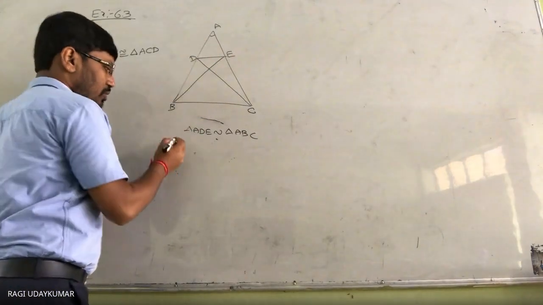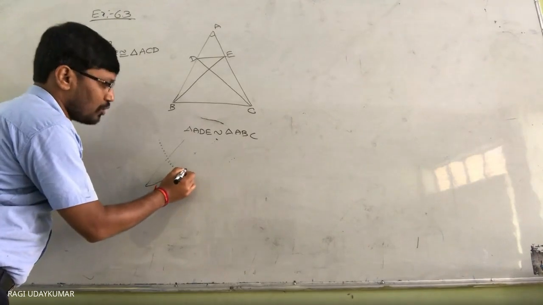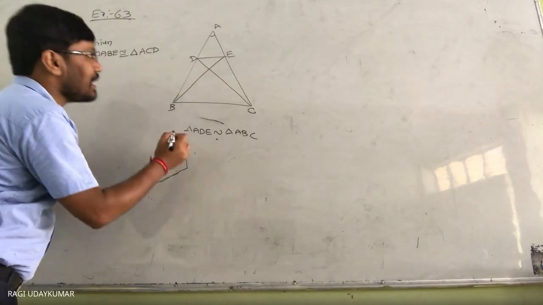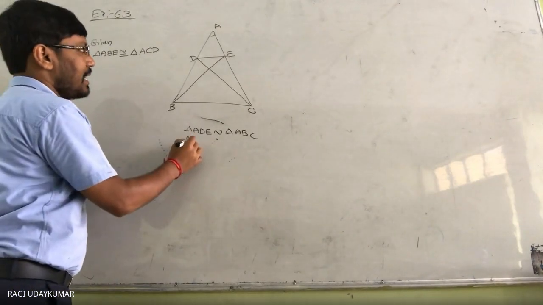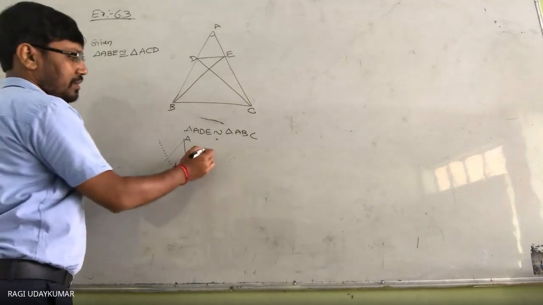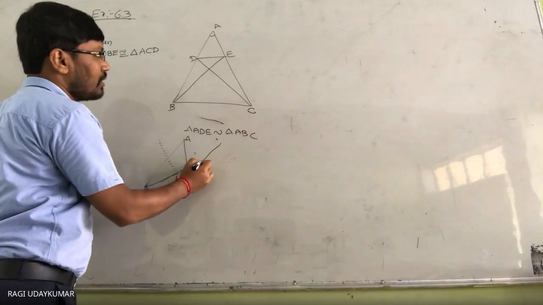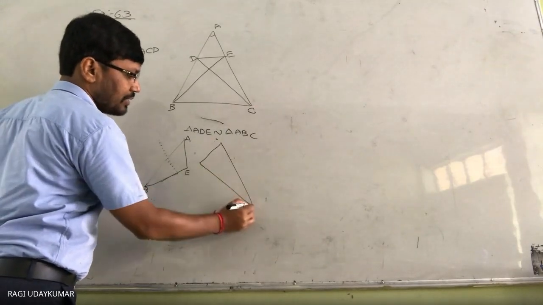Okay, the two triangles, whatever is given to you, I am drawing it separately. आप confuse हो रहे तो ऐसा separate draw करना सही है. This is A, B, E. When you are analyzing the problem like this only, you are going to get the subject.